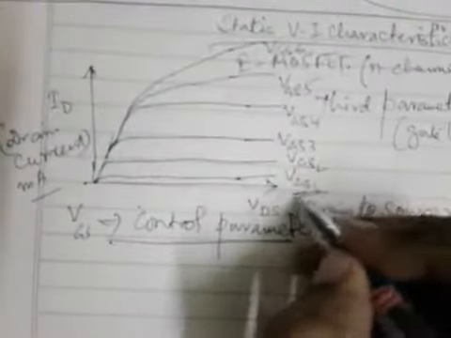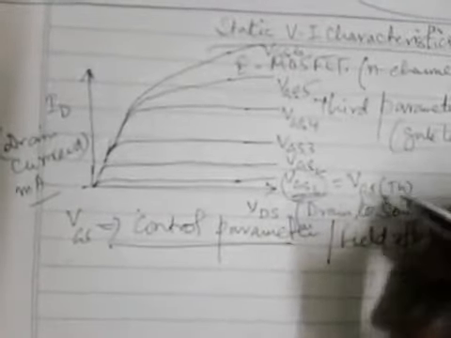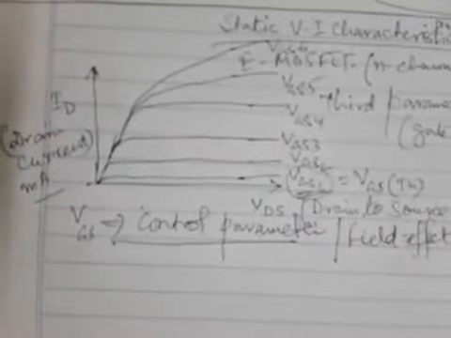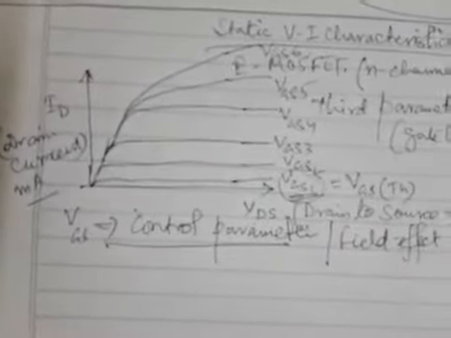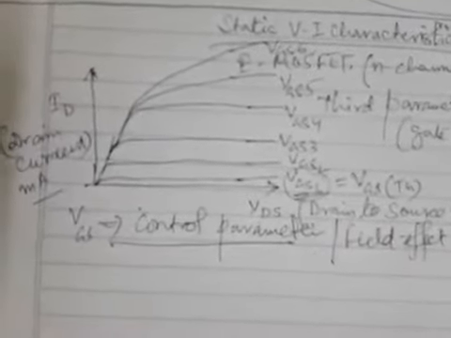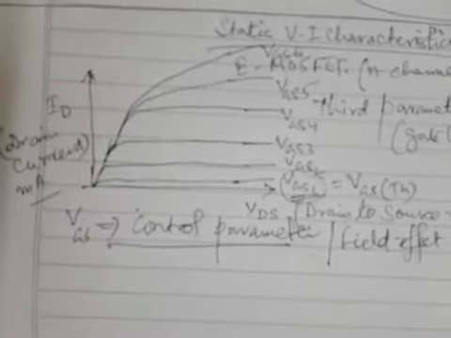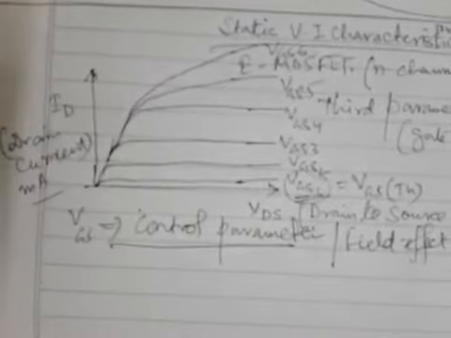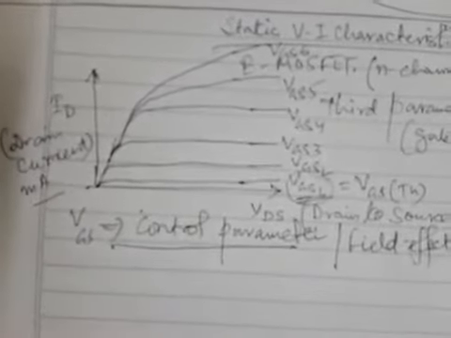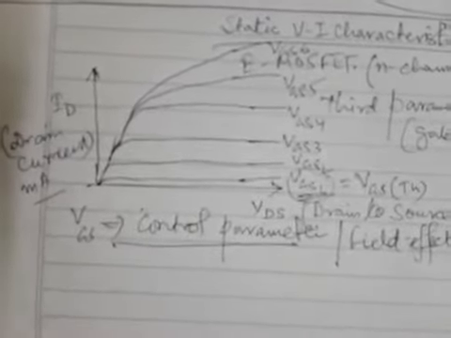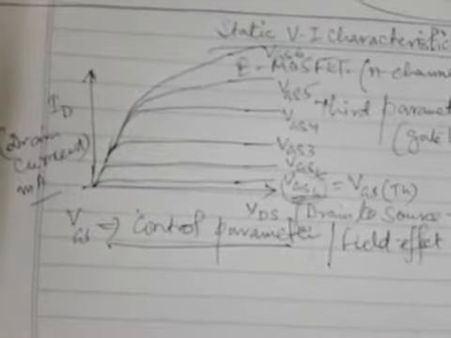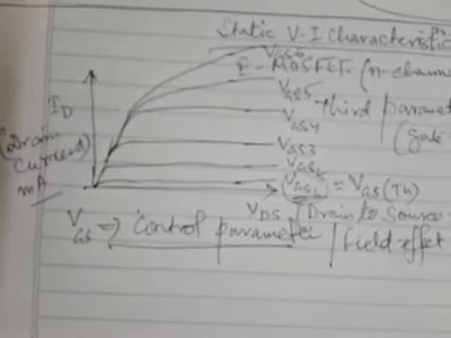So here VGS1, which is the minimum of all these values, is termed VGS TH. This is the threshold value for the gate to source voltage, so that the minimum channel conduction may take place for drain current to flow in the output circuit.